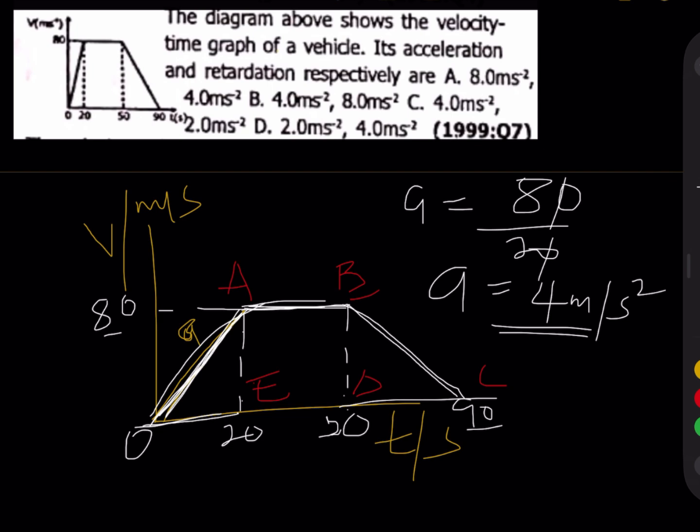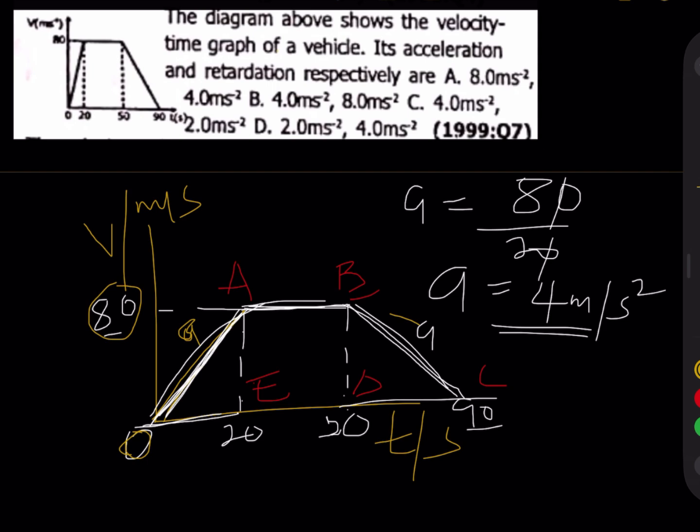And then let's determine the retardation, that is, when it was coming back down. Retardation is going to have a negative value. That is why we call it retardation, because it is decreasing, retarding. That is deceleration. Initially the vehicle started from a velocity of 0 and ended at a velocity of 80.